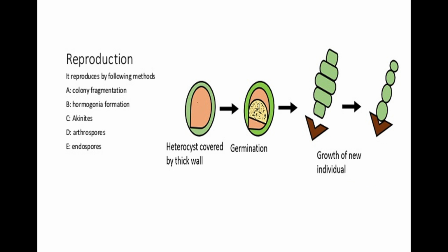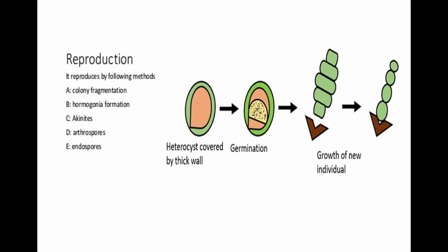There are a few methods like colony fragmentation or hormogonia formation, akinetes, arthrospores, and endospores. First, we'll talk about the heterocyst. Heterocysts are specialized cells which are different from the vegetative cells. They can be terminal or intercalary in position in the filament.